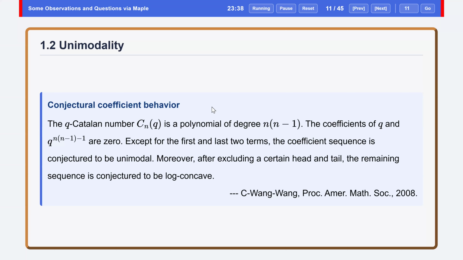Moreover, after excluding a certain head and tail, the remaining sequence is conjectured to be log-concave. That observation was made about 20 years ago.